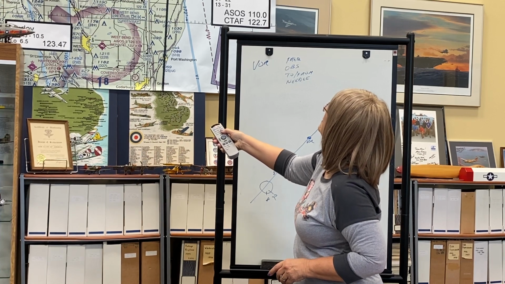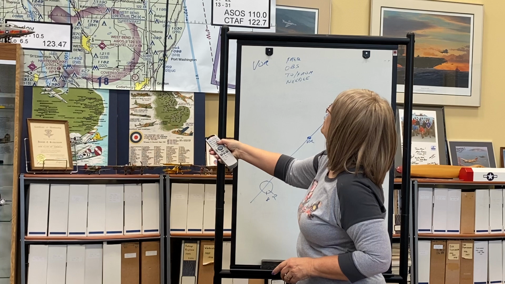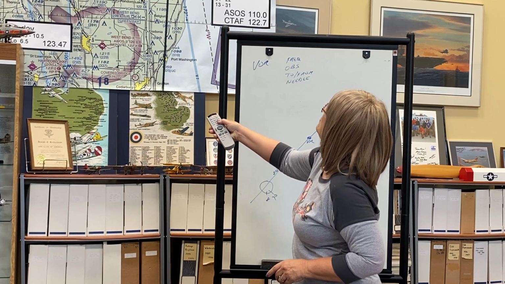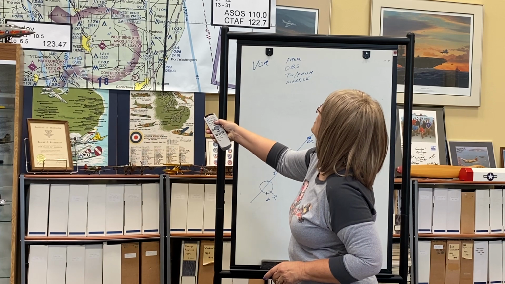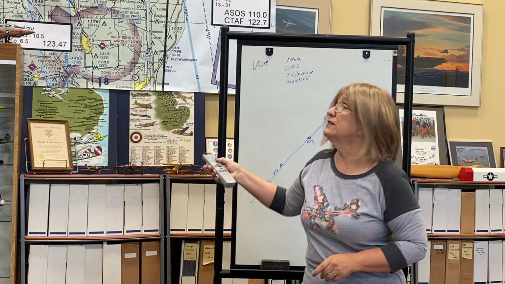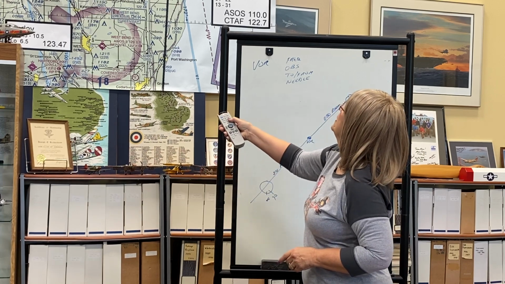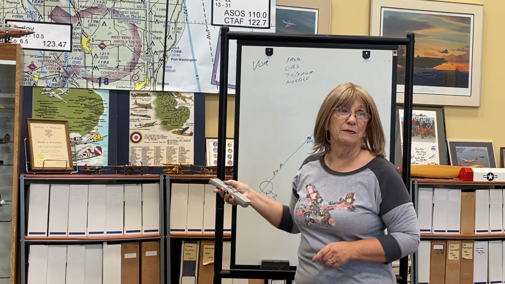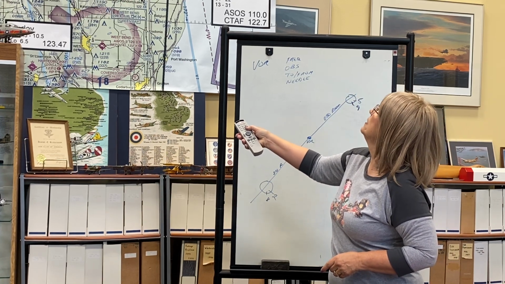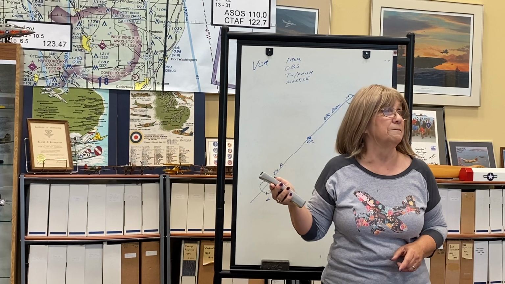Okay, if I'm on the 030 radial, so what I would know is that I'm somewhere along that line. If I'm on the 030 radial at the edge of the lake, I know precisely where I am. If I look down and see an edge of a lake, that could be a lot of places. But if I've tuned it in on the 030 radial, then I know precisely where I am.